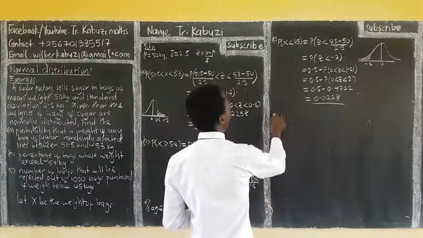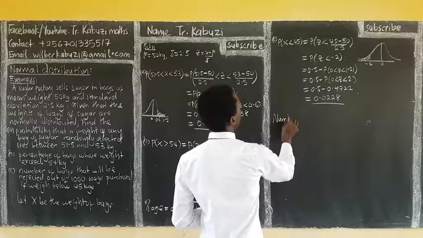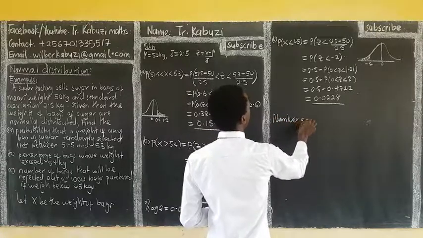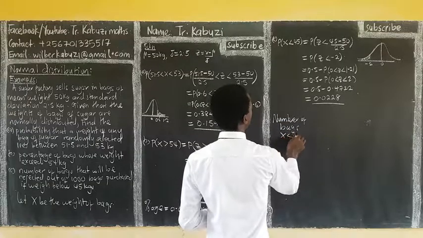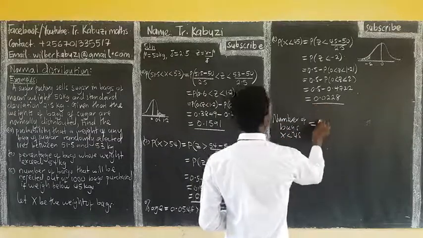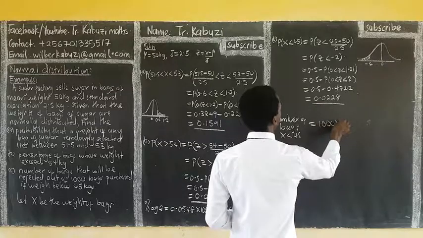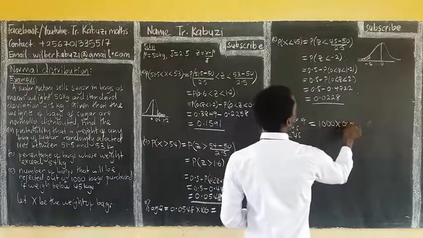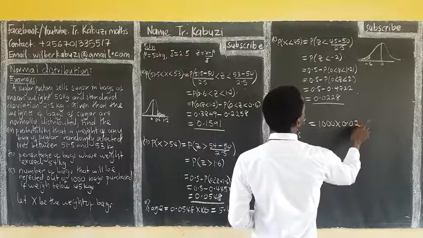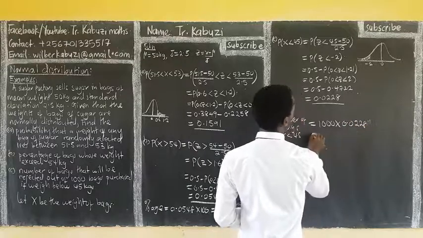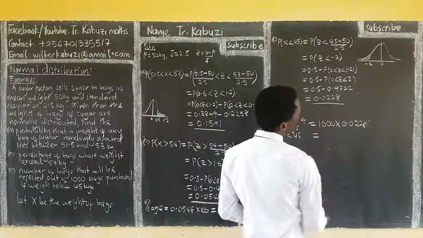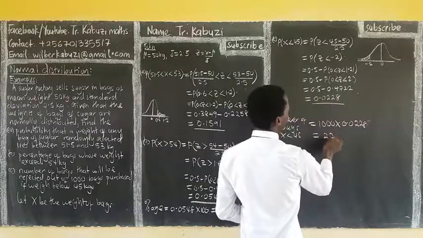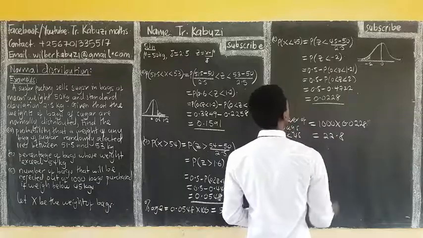The number of bags below 45 will be 1,000 times 0.0228, which gives 22.8.